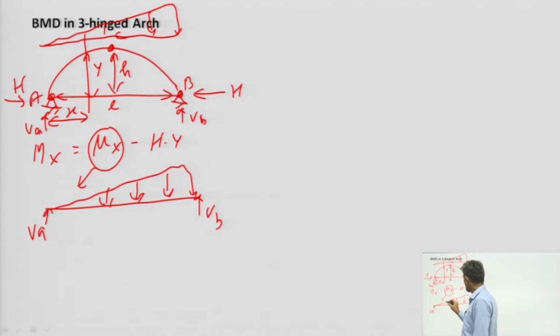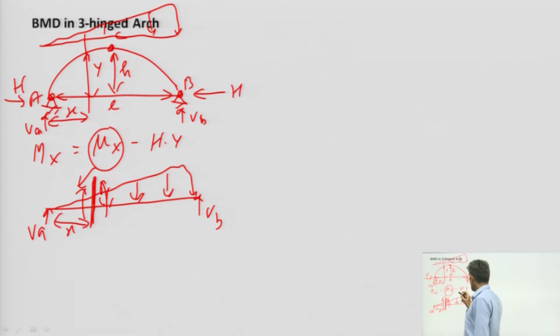The bending moment at the same section gives you the beam moment, and its plotting is very simple: you can plot it by calculating the moments in terms of x.